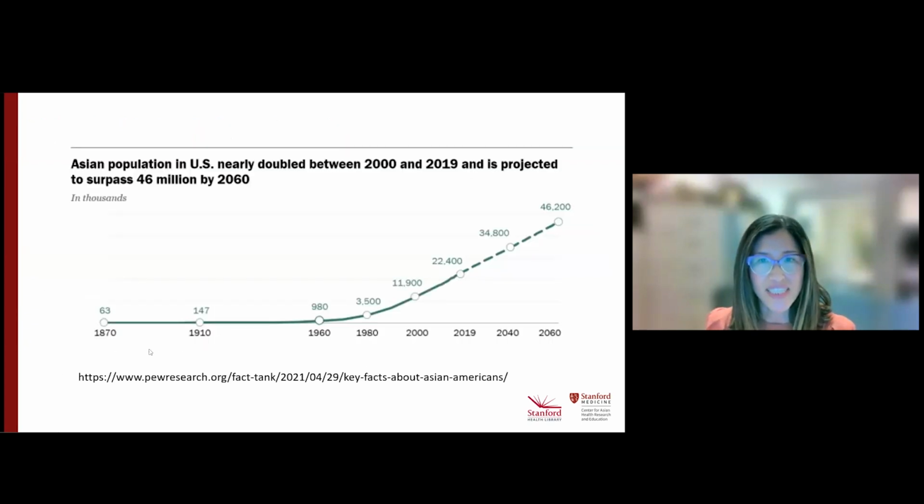I thought this statistic was interesting because a lot of times you find that data presented on Asian Americans are aggregated because perhaps we're a small portion of the population, but that is going to be changing and is changing. If you look at current census data, the number of individuals classified as being Asian American has doubled since 2000 to 2019, and that includes about 22 million individuals, and that is projected to increase.